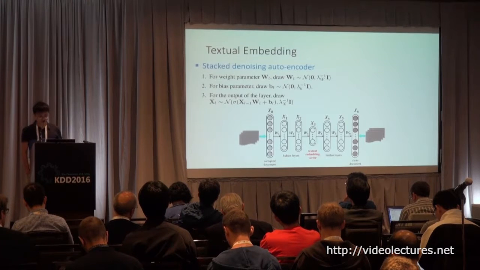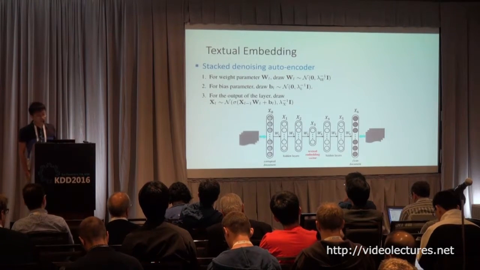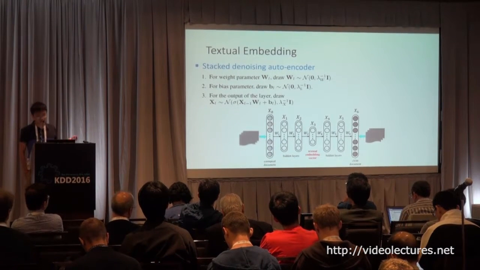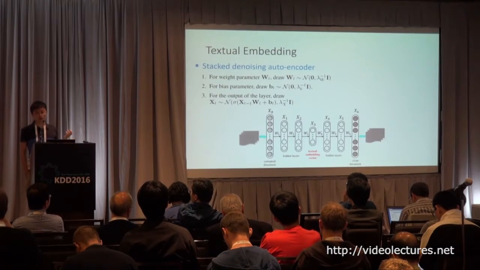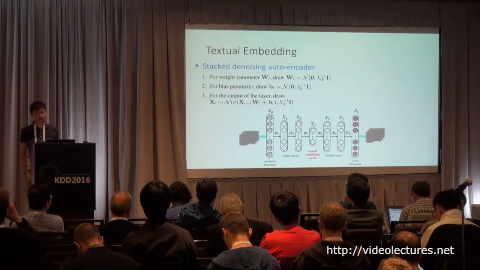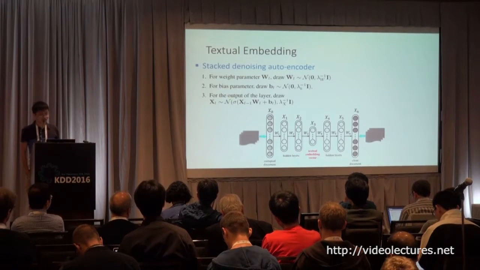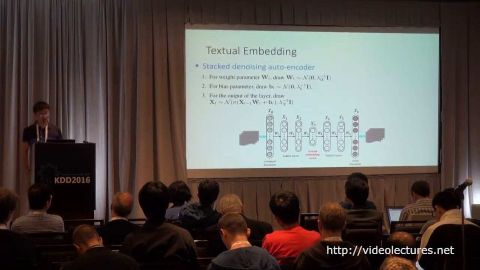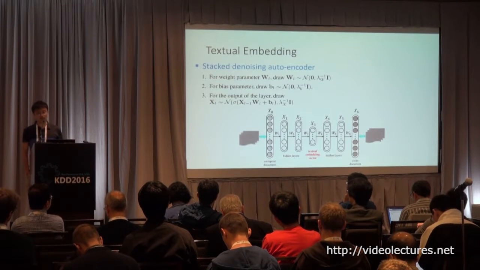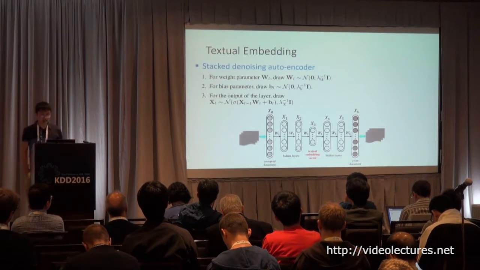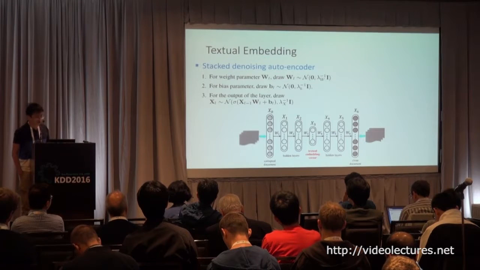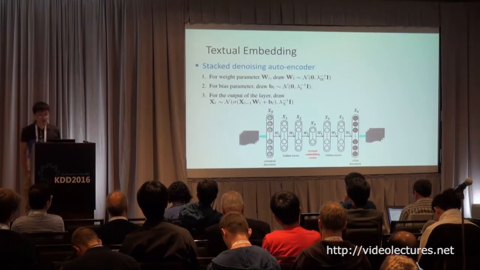We can see the input is the textual knowledge with some noise, and the output is the clean text. The first half is the encoder part, and the following half is the decoder part. The middle layer of this network can be regarded as the textual embedding of our component.